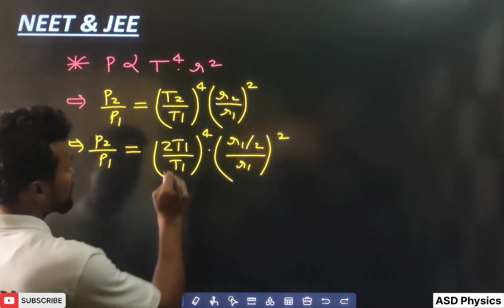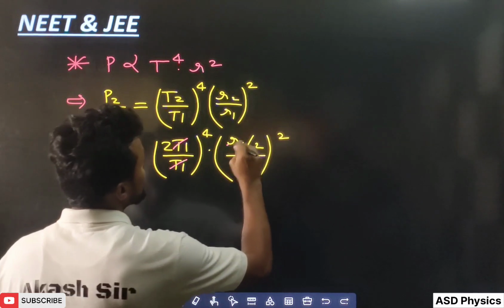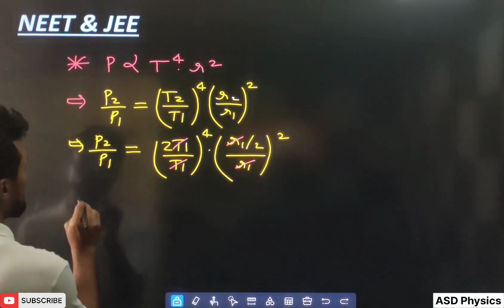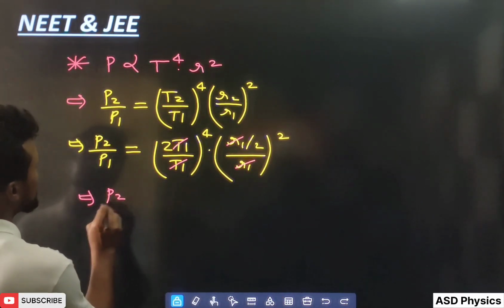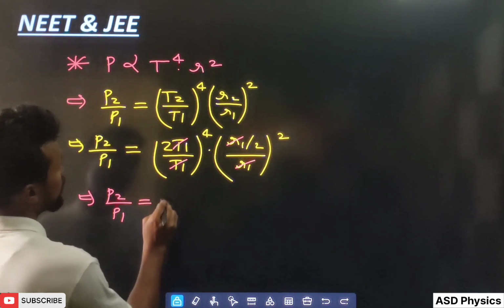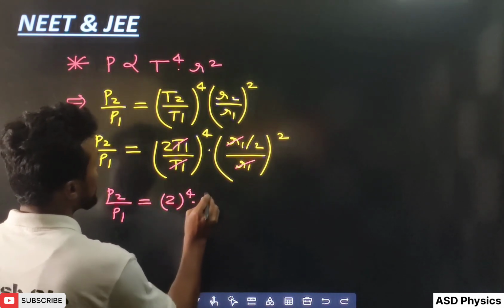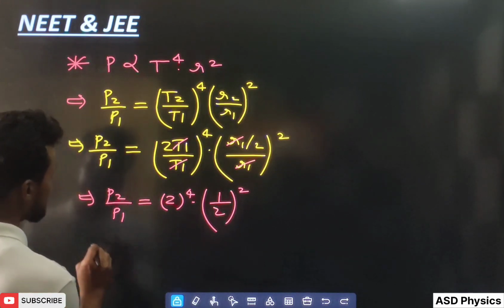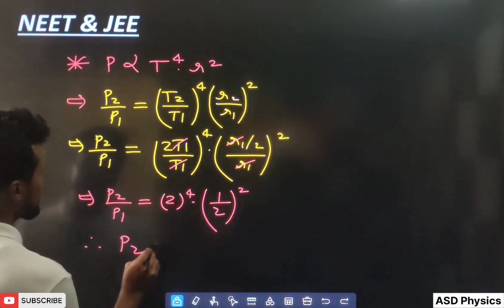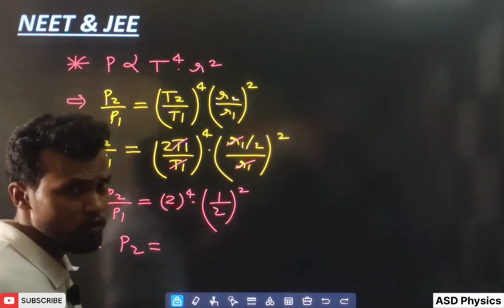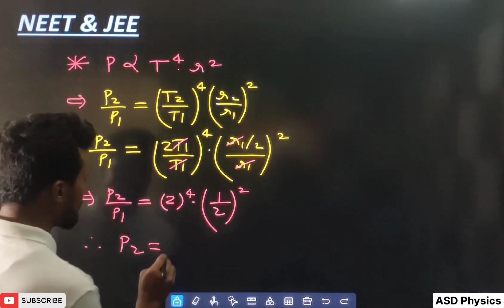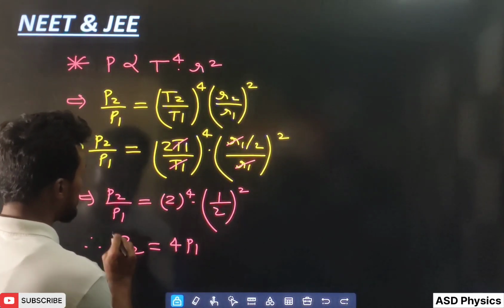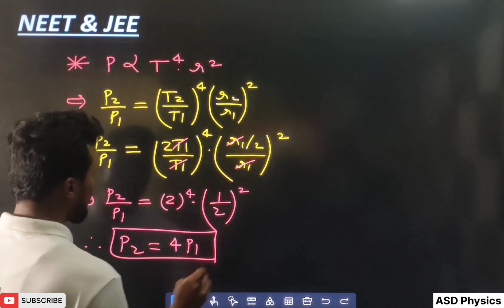Now this T1 cancels, this R1 cancels. That means P2 by P1 is equal to 2 power 4 into 1 by 2 square. When I simplify, 2 power 4 by 2 square means 2 square, that means 4. So P2 is coming 4 P1.